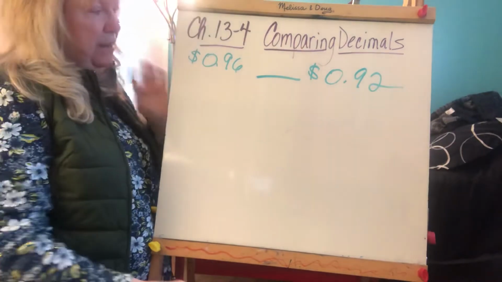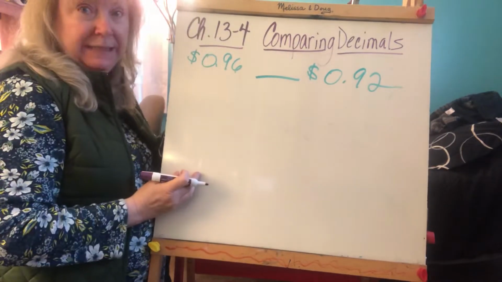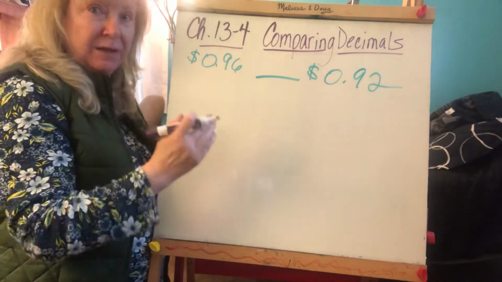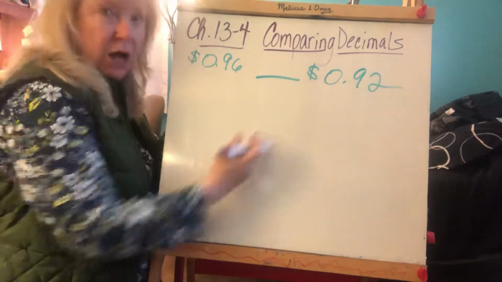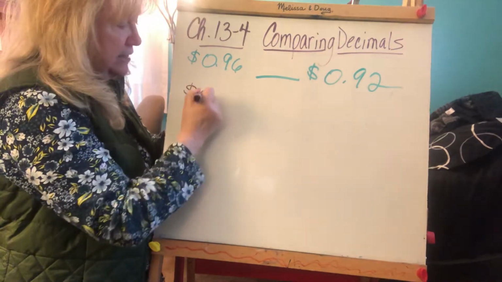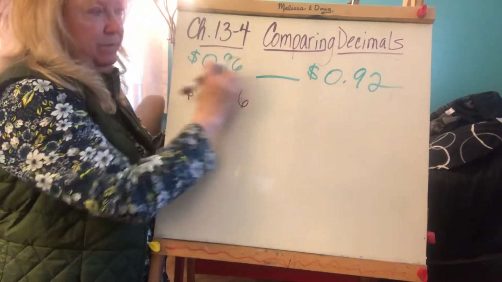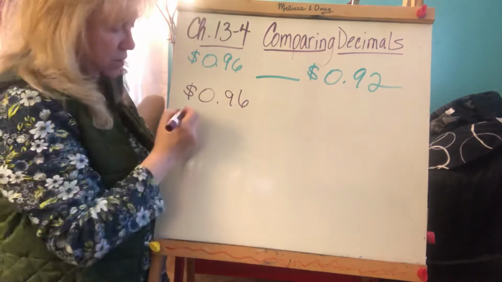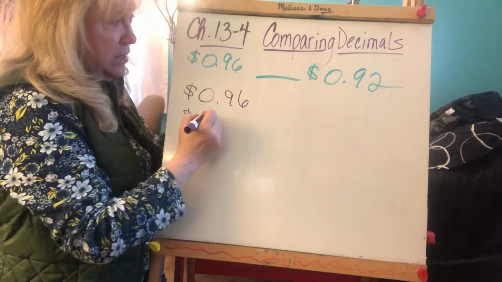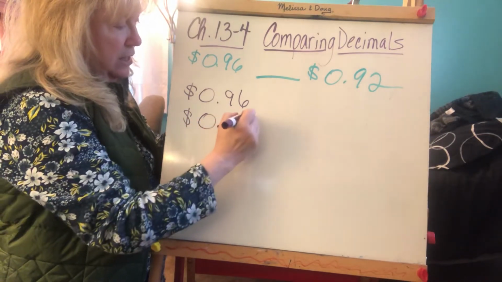Okay, I want you to compare these. So once again, you rewrite them going up and down, putting them in alignment so that all of your columns match up. So I have a $ sign, a 0, a point, a 9, and a 6 for this one. And then I have this value. And I write a $ sign, and a 0, and a point, and a 9, and a 2.